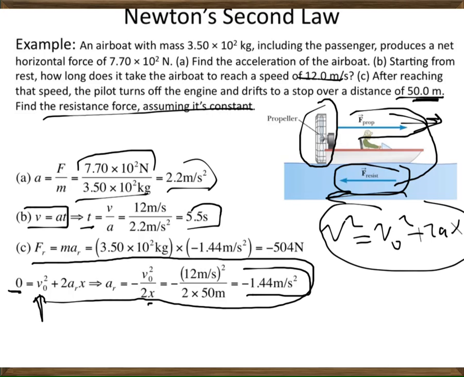You multiply this acceleration, which is negative, by the mass of the boat, and you will find minus 504 newtons. This force will be the frictional force or the resistance force applied by the water to the boat. Okay?